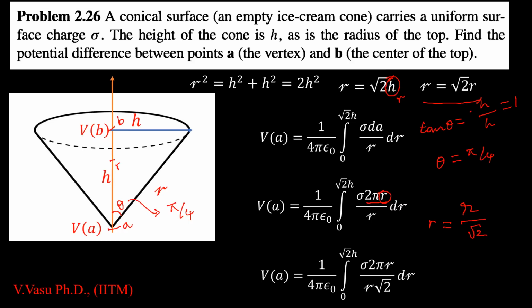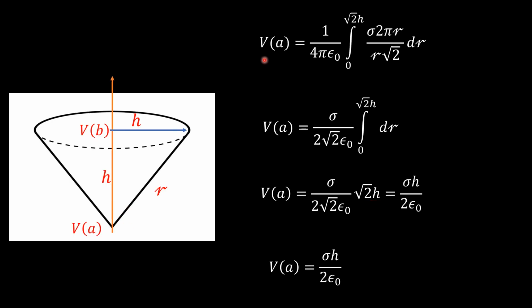So I have replaced this r by script r divided by square root 2. Now we will simplify this one. So we have seen V of A is equal to 1 over 4 pi epsilon naught, integral between 0 and square root of 2 h, of sigma multiplied by 2 pi script r, divided by script r square root of 2.